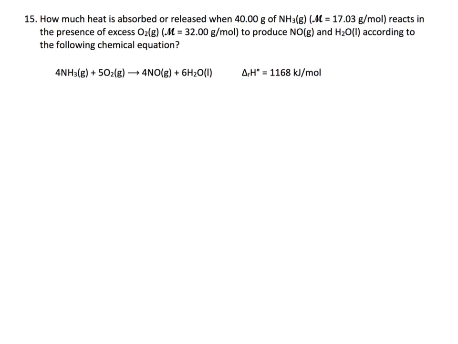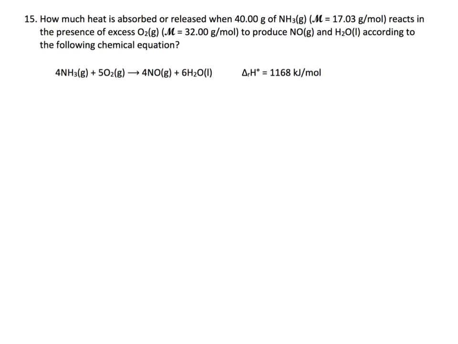how much heat is absorbed or released when 40 grams of NH3 reacts in the presence of excess oxygen to produce NO and H2O according to the following chemical equation, which thankfully is already balanced for us. So delta H for this reaction is positive, which means you can consider the energy there as a reactant. Energy is being consumed.